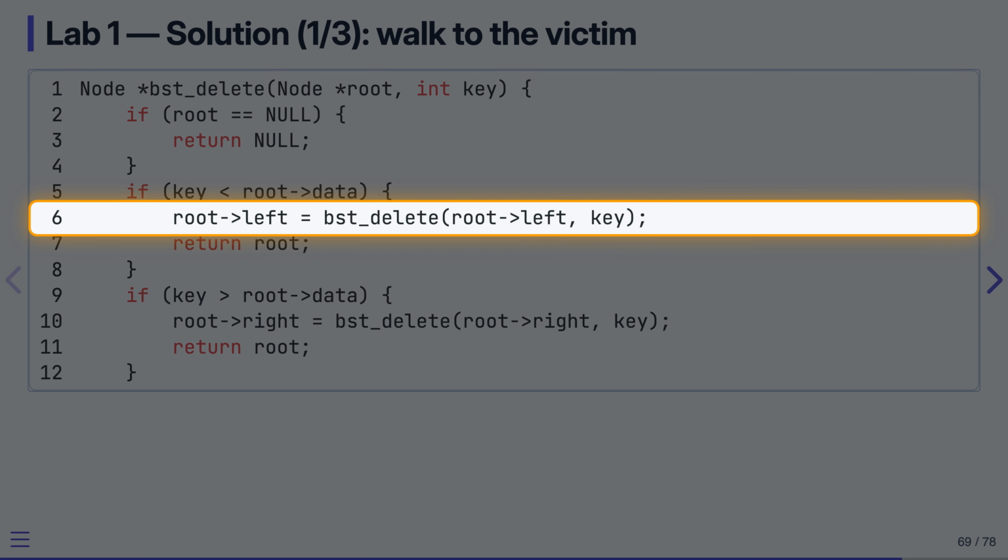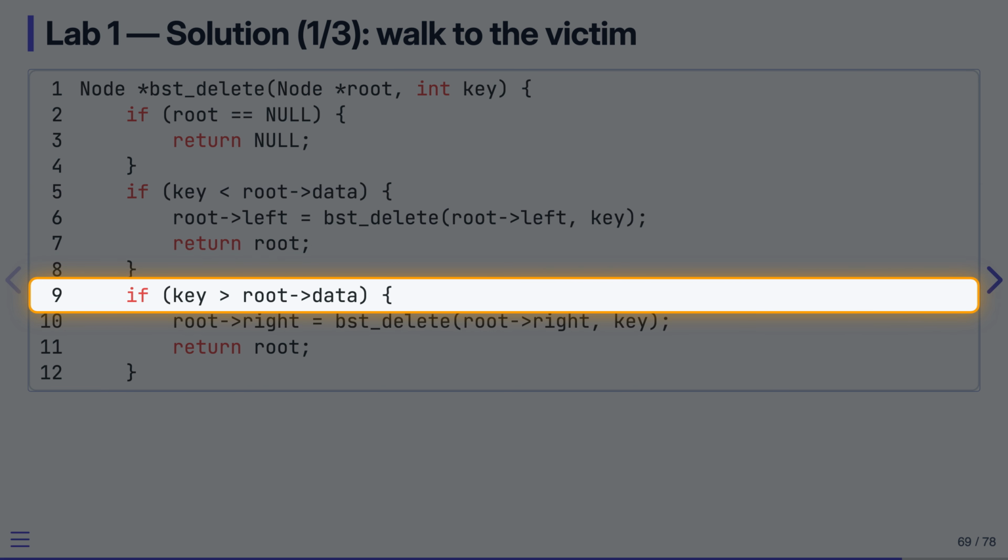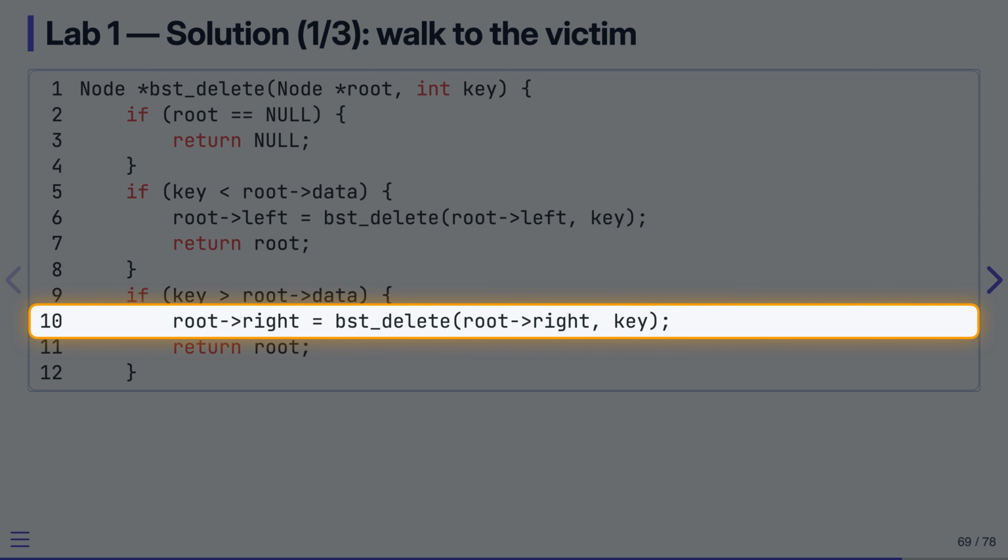So we delete from the left subtree and store the result back into root arrow left. Storing the result back is what makes the pointer rewiring work. If instead the key is greater, the victim is on the right. Same thing on that side. Once we fall past both of these, we have found the victim, and the 3 cases begin on the next slide.